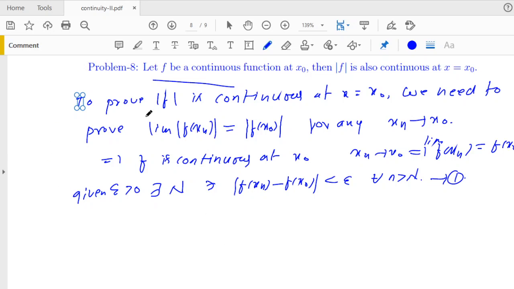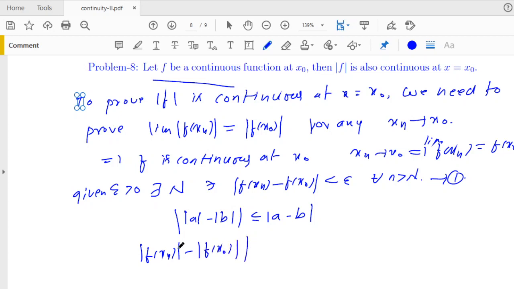But we know the fact that mod of (mod a minus mod b) is always less than or equal to mod of (a minus b). By using this fact, mod of (mod f of xn minus mod f of x naught) is always less than or equal to mod of f of xn minus f of x naught.